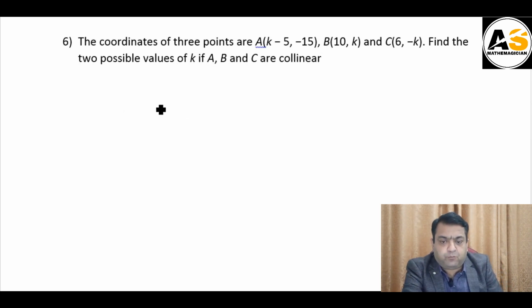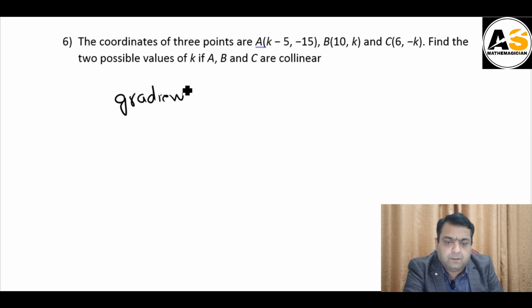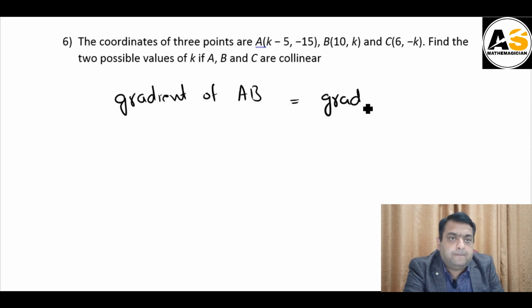So for the 3 points to be collinear, what was the condition? Gradient of AB is equal to gradient of BC or AC, one and the same thing. So I am writing BC.